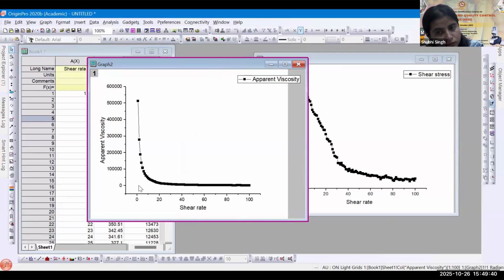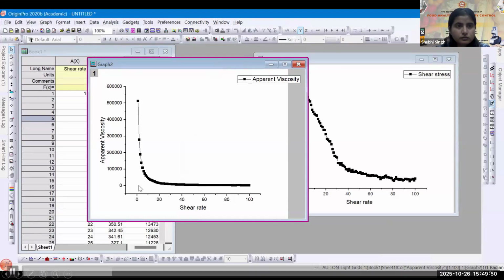It's not like Newtonian fluids such as air or water that have a constant viscosity regardless of shear rate. Non-Newtonian fluids exhibit a viscosity that changes with the shear rate.